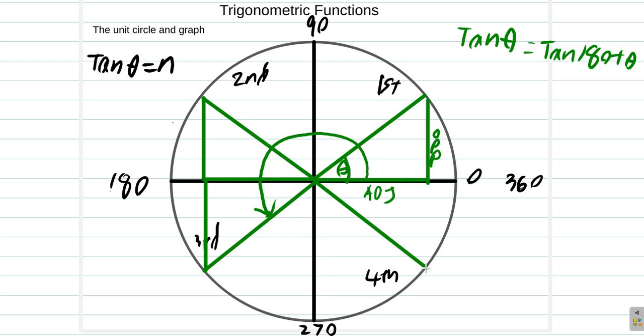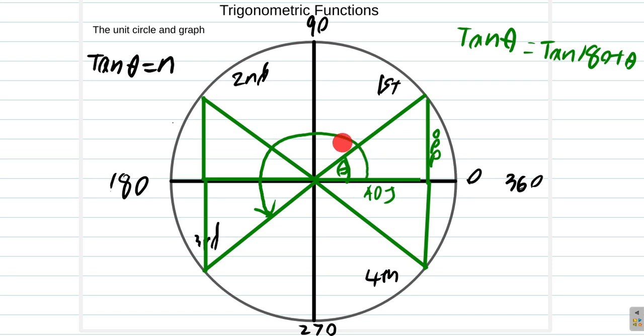Now suppose you have a triangle in the fourth quadrant. This opposite is negative. The adjacent is positive. It runs to the right, so this will be a negative value. All right? So, if you find the tan of this angle between 0 and 90, the principal angle, I expect that you get a positive value.